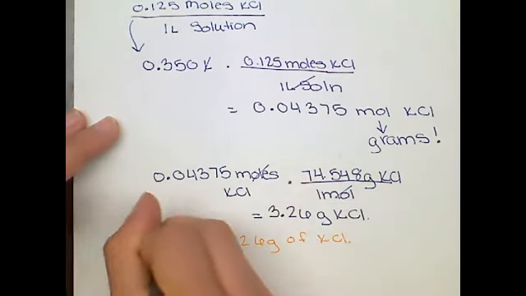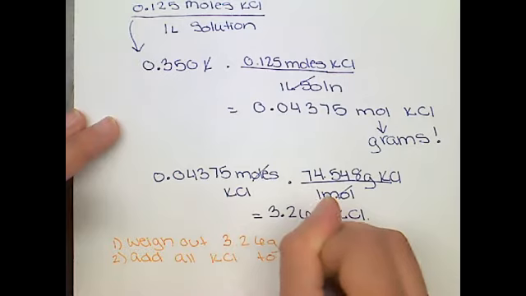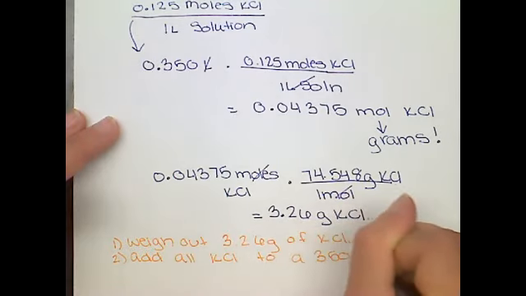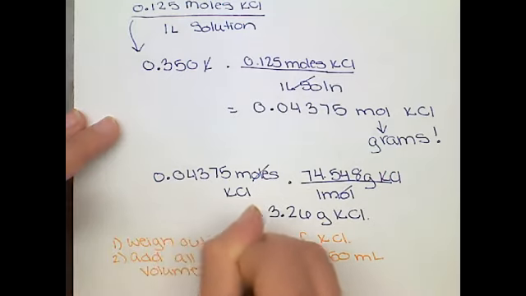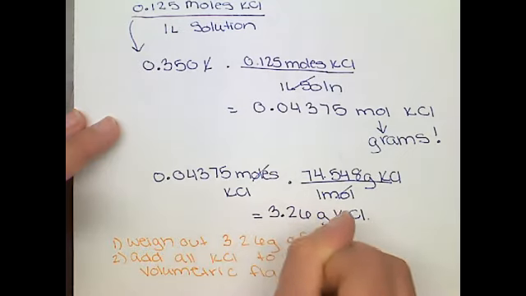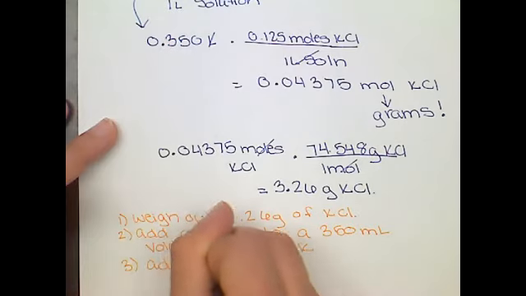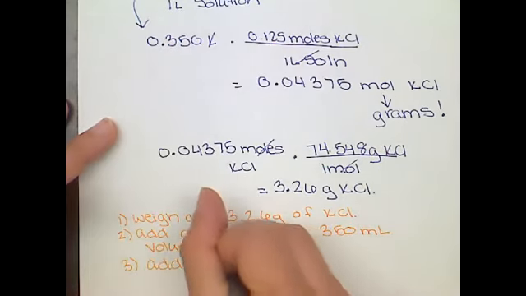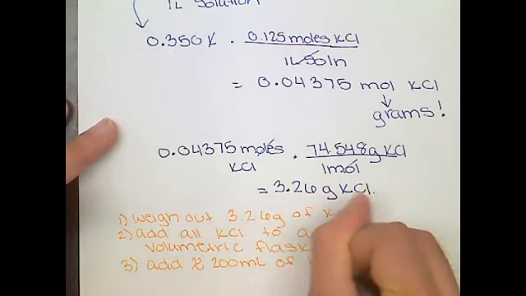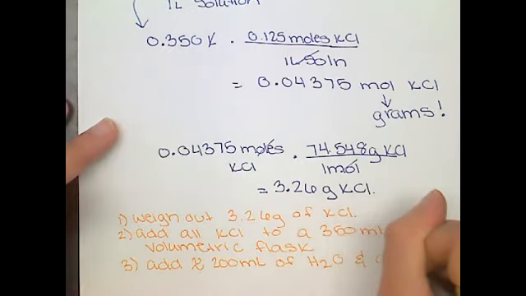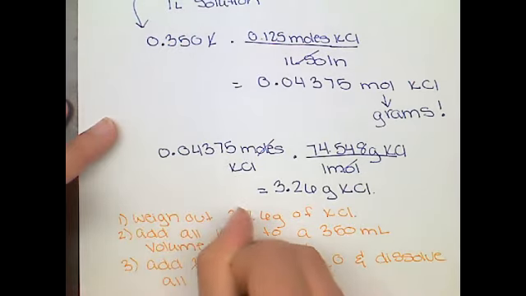Next, I want to add all the KCl to a 350 milliliter volumetric flask. Then, remember we add about half, maybe a little more. So we're going to add approximately 200 milliliters of water and dissolve all the KCl.